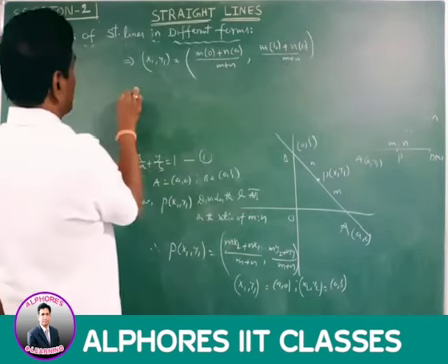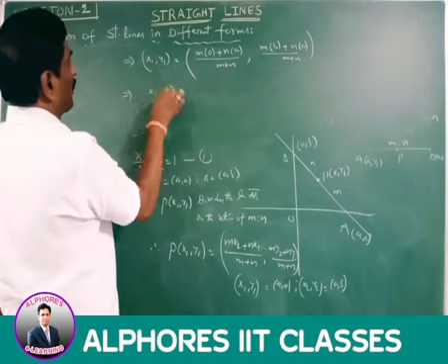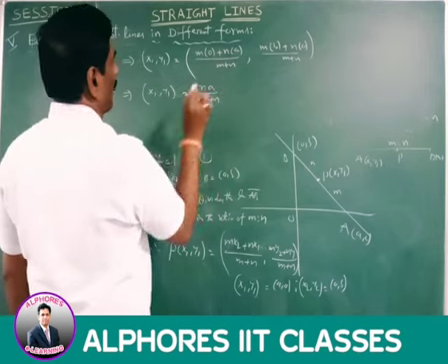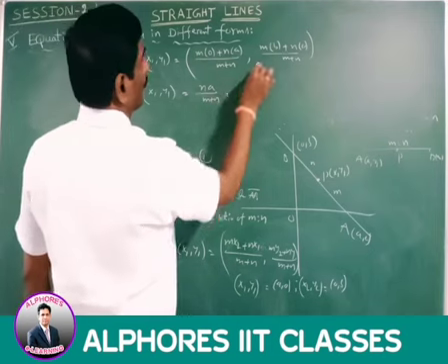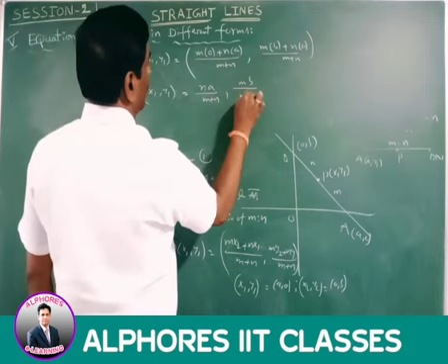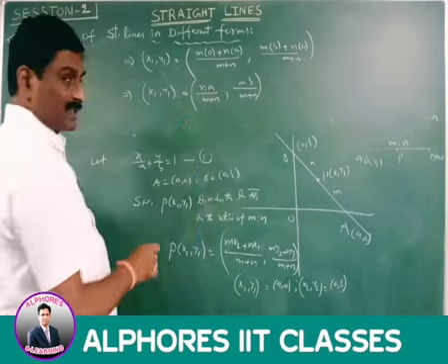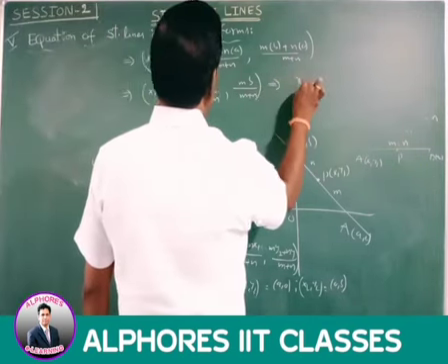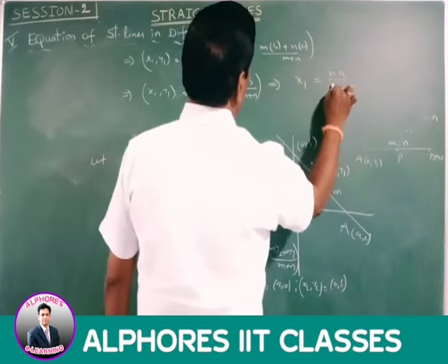That implies (x1, y1) = (na/(m + n), mb/(m + n)). By equating like terms, that means first components and second components, x1 = na/(m + n).